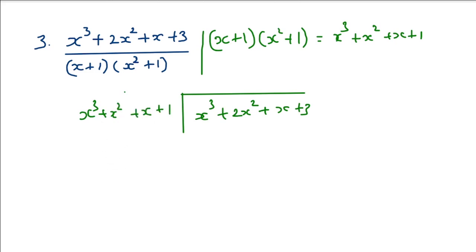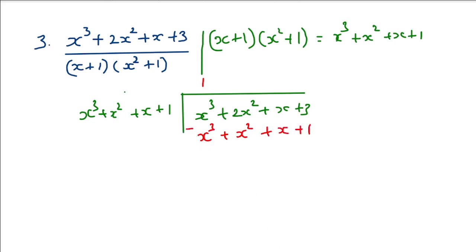Let us divide. When we divide, x cubed divided by x cubed, we get a 1. 1 times all of this will be x cubed plus x squared plus x plus 1.